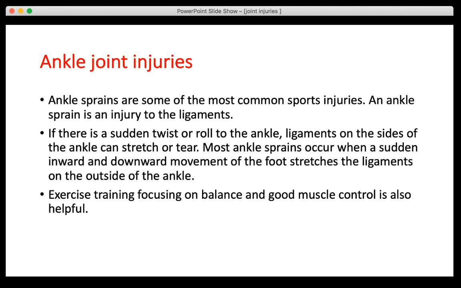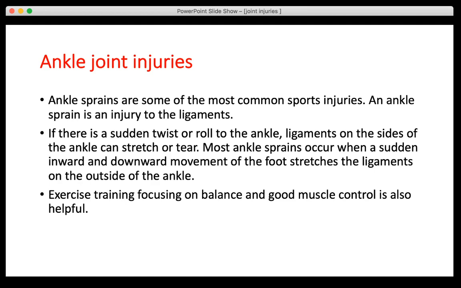Now coming to the last joint, which is very common: ankle joint injuries. I have already discussed this in the strain energy chapter, where I discussed the tendon, Achilles tendons. Again, I'll discuss all the common types of injuries we have in sports due to the ankle joint.